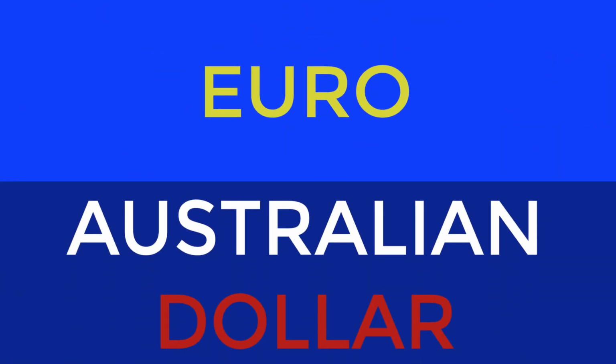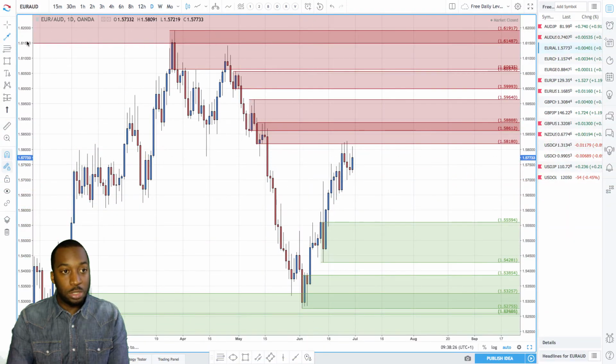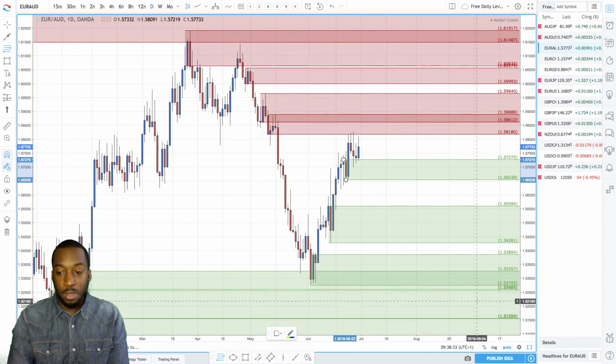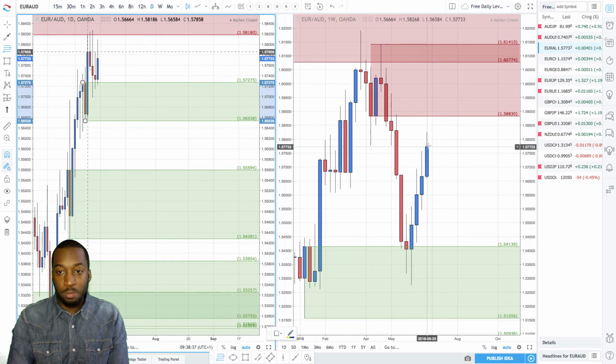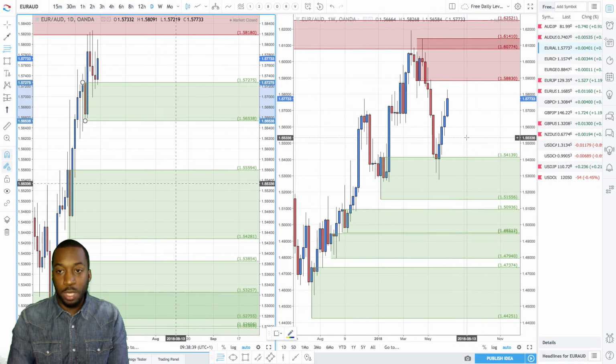Euro Aussie has been going higher and higher. Demand zone here, look at the weekly, we've had a move up, and we're going into this supply zone right here, the weekly supply zone.